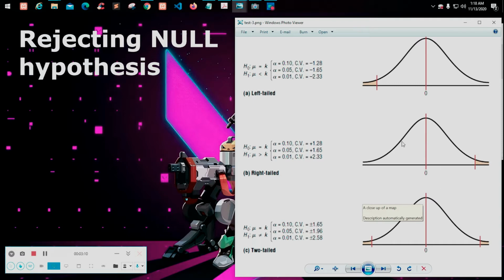And if you're considering both, so if the value is less than the critical or greater than the critical value you obtain in both signs, negative and positive, we reject them. So let's have an example to show this one.